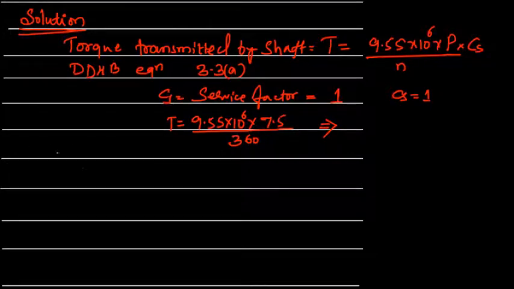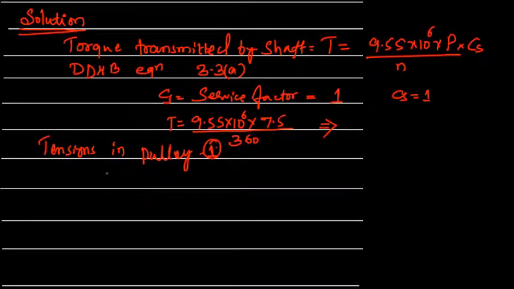So let us go for the next calculation, the tensions in pulley 1. T equal to R1 into (T1 minus T2).